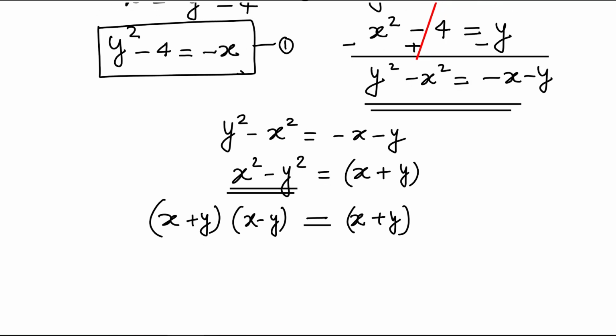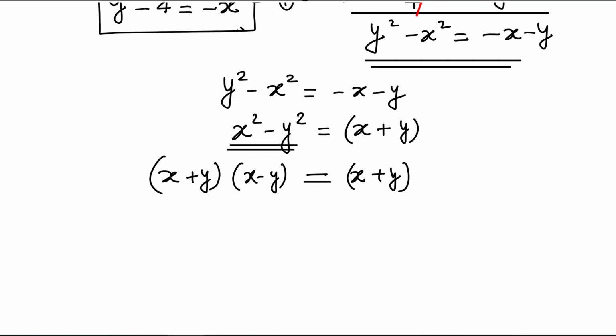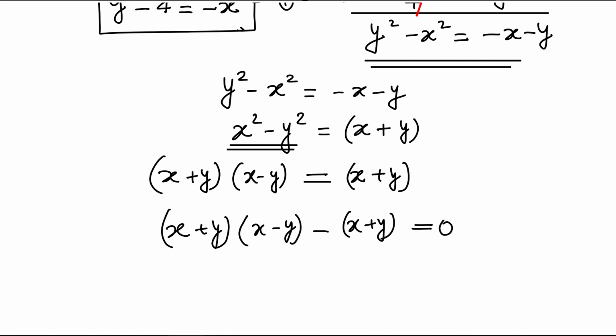Now see, we can take everything to the left hand side. So we will have x plus y into x minus y, and minus x plus y, and then we can take x plus y common. If I take x plus y common, then I will have x minus y here, and minus 1 here.